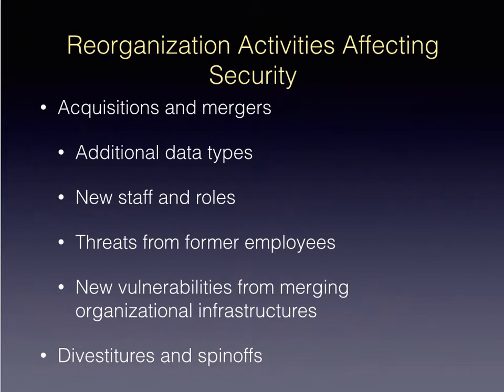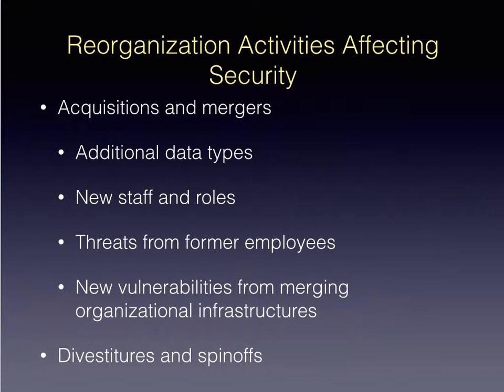Some of the things that governance is involved with is reorganization activities that affect security. These include acquisitions and mergers, which introduce additional data types, new staff and roles, threats from former employees, and new vulnerabilities from merging the organizational infrastructures. In addition to acquisitions and mergers, the organization could divest itself of one or more lines of business.